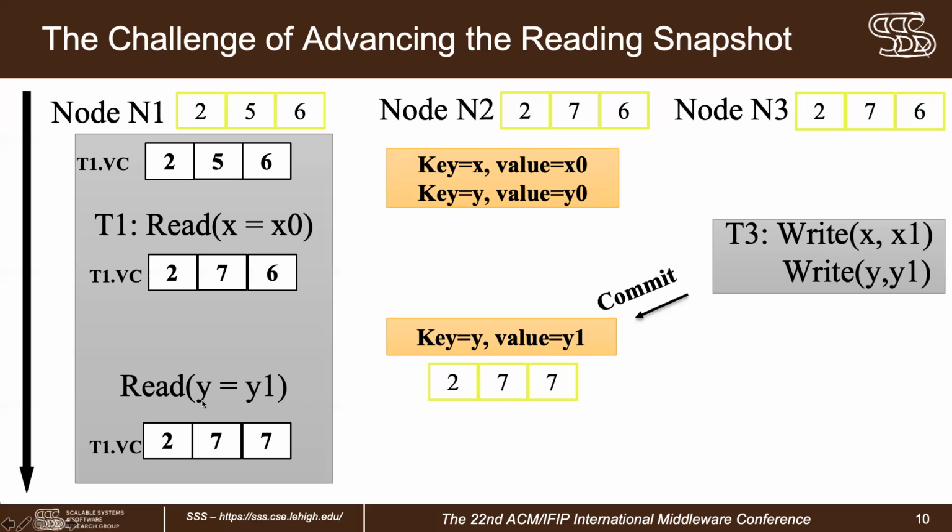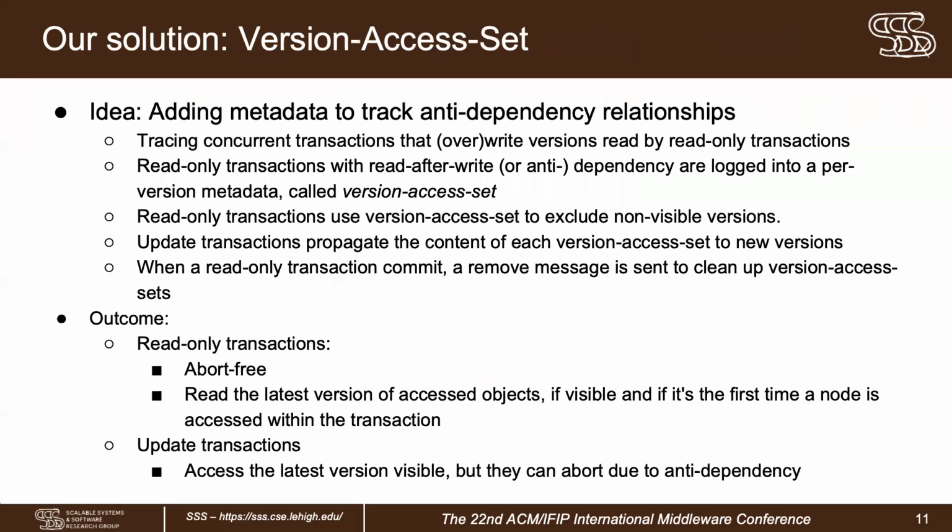If T1 wants to read Y and it picks Y1, then as you can see, because of reading X0, we have an anti-dependency between T1 and T3, and we have a direct dependency between T1 and T3, and this is not accepted in a PSI consistency level.